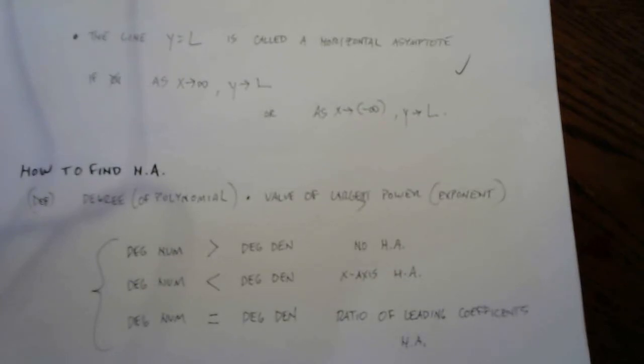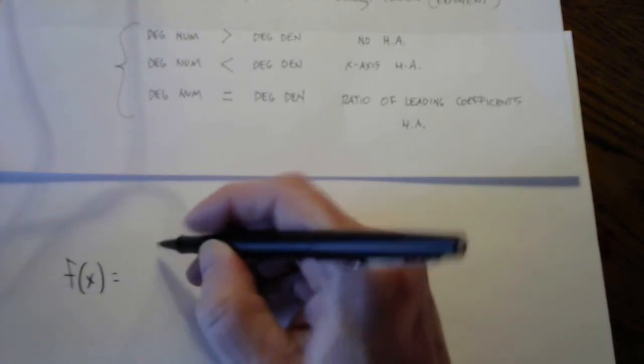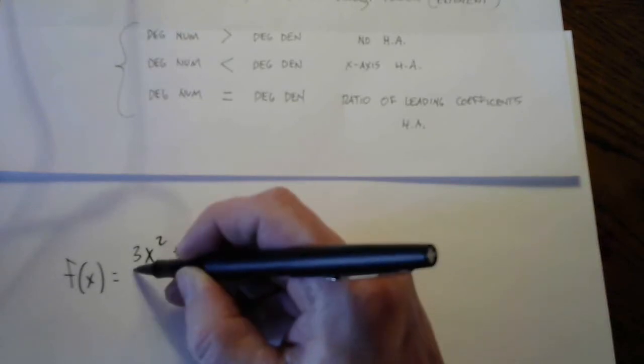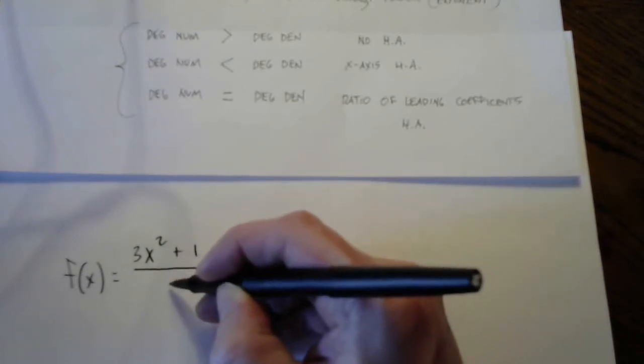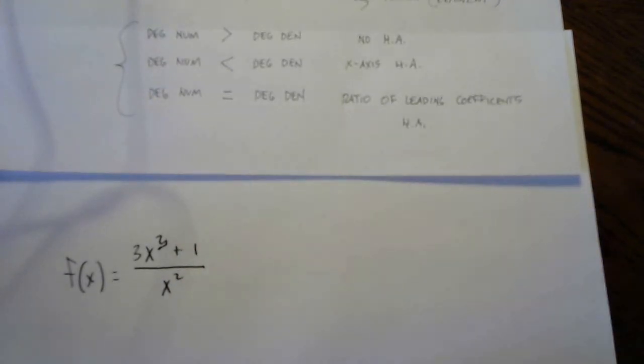And there's a definition to start this off, and it's called degree. This is degree of a polynomial. That is the value of the largest power or exponent. And what we will do is we will compare. Let's make that a cube. 3x cubed plus 1 over x squared.